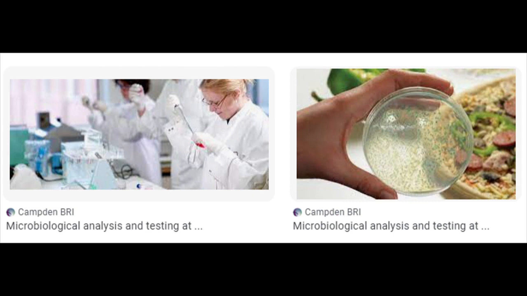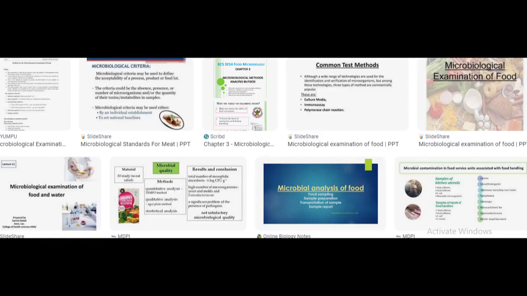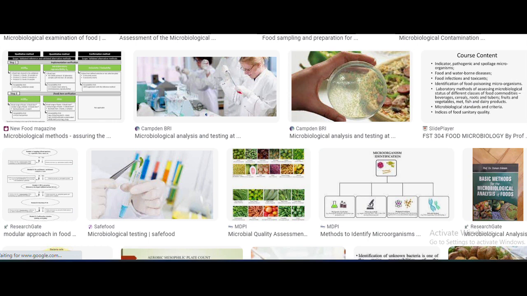Now, let's look at this list of methods for enumeration. I want to list enumeration methods. We want to enumerate. If you check the dictionary, enumerate means you want to count. You want to list. So enumeration methods include the following.